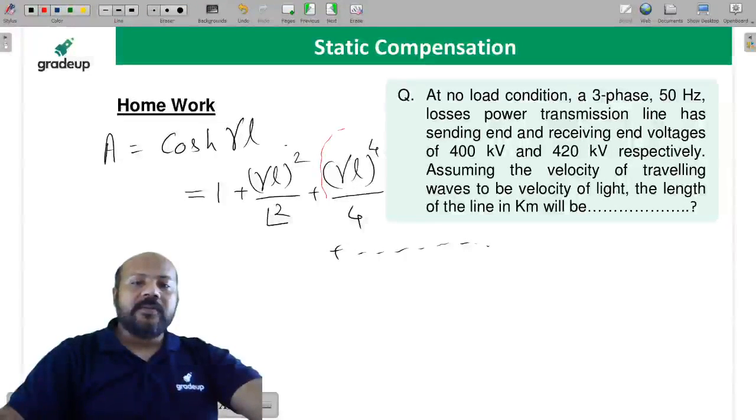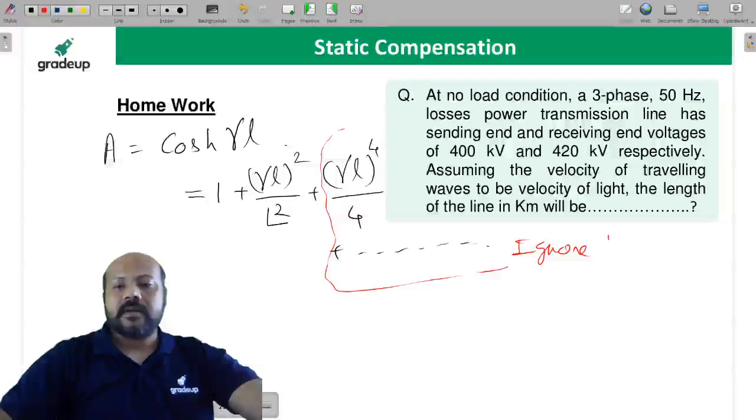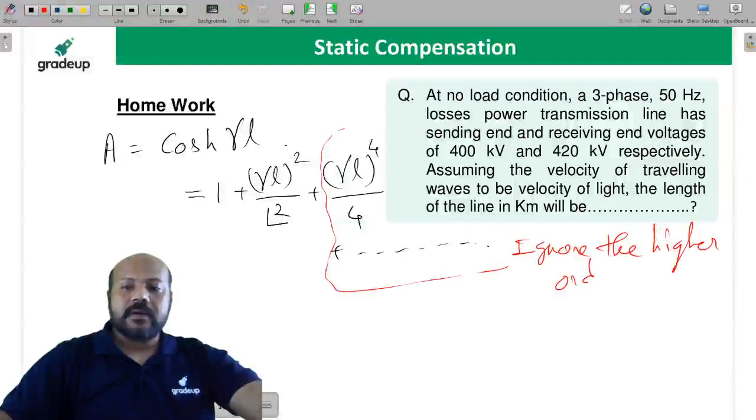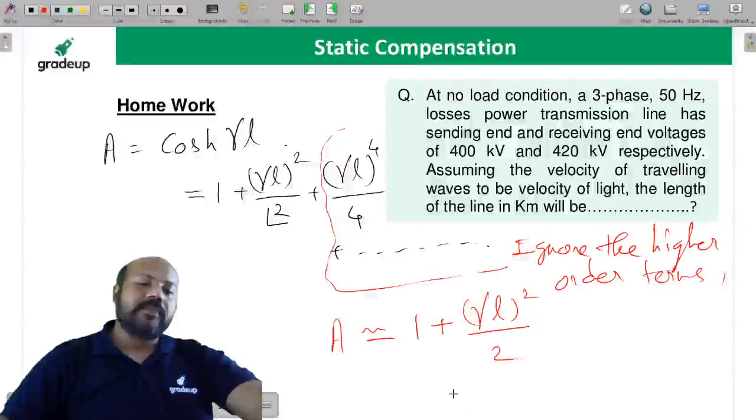So for the approximate analysis of the line, if you ignore the higher order terms, you will get A approximately equal to 1 plus gamma L square upon 2.